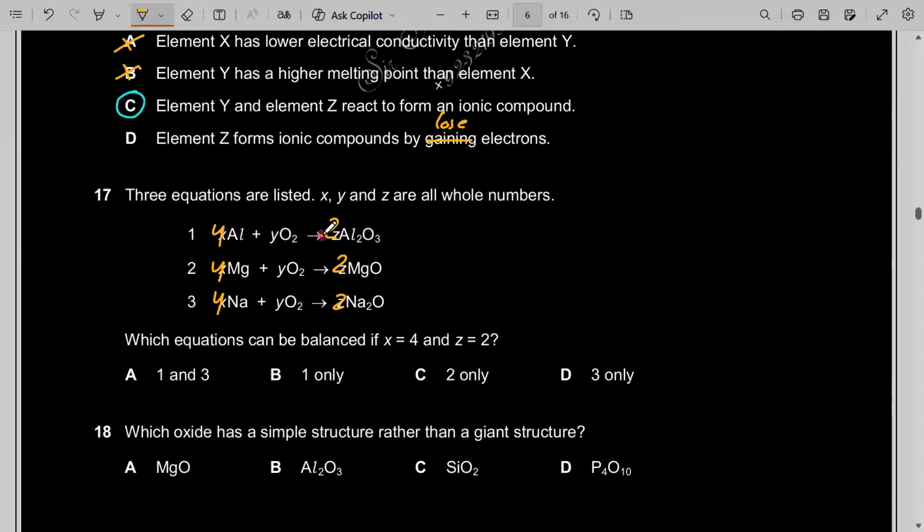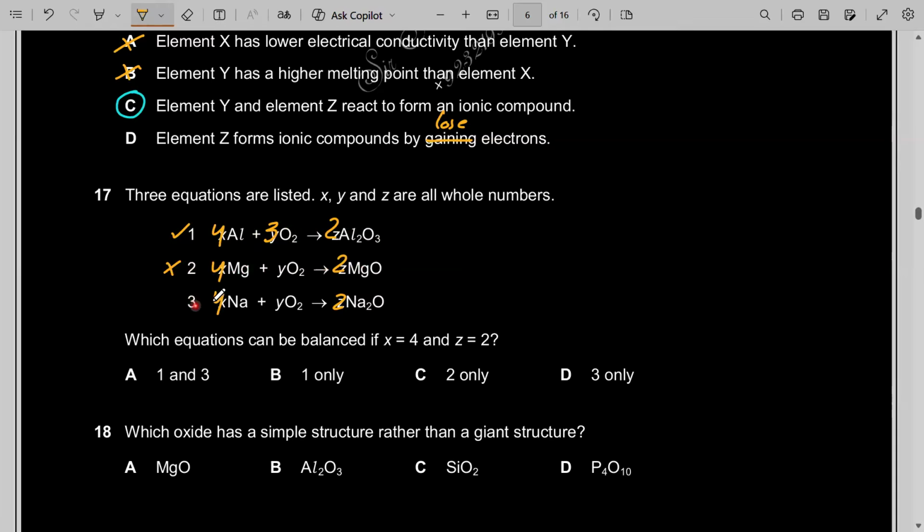First equation: 4Al, and on the right side 2 times Al2, so 4Al. Oxygen: 3 on the right side, 2 times 3 is 6, so make it 3 over here. In this way, oxygen is balanced, so the first equation is balanced. Second equation: 4 Mg on the left side, but on the right side is 2 Mg, so it is not balanced.